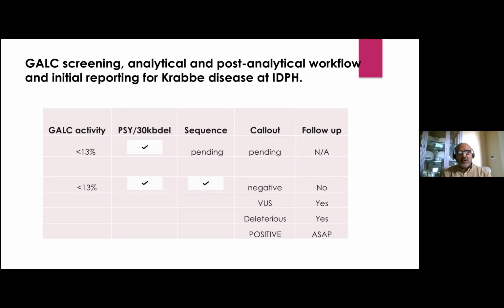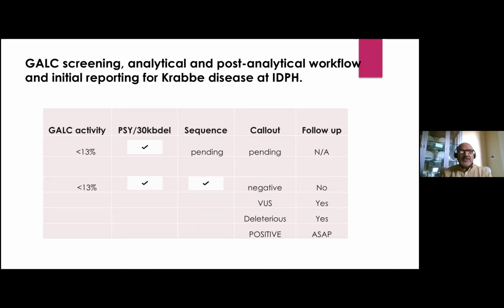Once we get the sequence result, we interpret it according to the send-out lab, and we call it negative if the psychosine level is normal and it is associated with a pseudodeficiency allele. If we detect a VUS or any deleterious mutation, including pathogenic mutation, we call this a positive screen and we create a case. This way, a specialist can see the baby and decide the next step in their protocol.